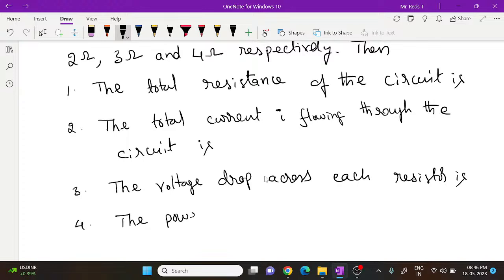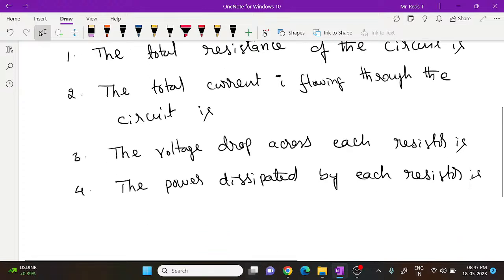and also the power supplied by the battery is. If the case study is asking for 5 marks, you may get 5 questions like this.